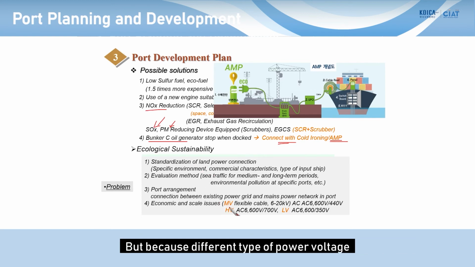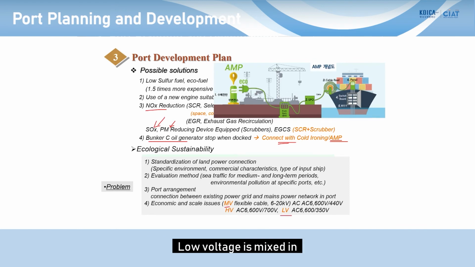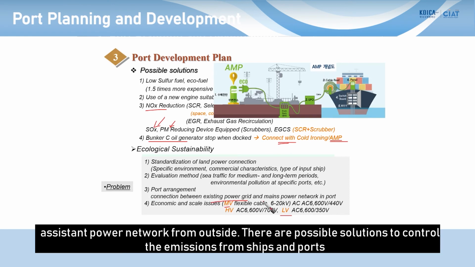Because different types of power source, high voltage, medium voltage, low voltage, are mixed with the cargo gears and the ship side too. So if the port is already designed, this facility should be added there, and you have to change the existing power grid system, the power network from the land side.